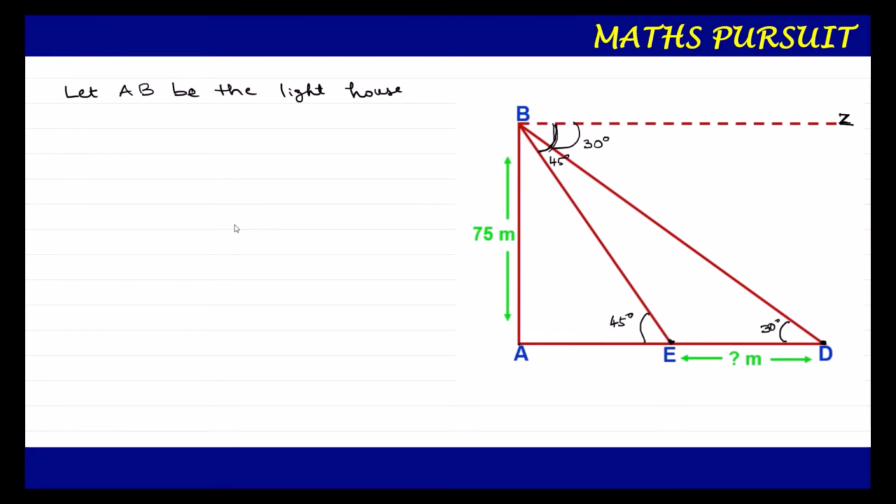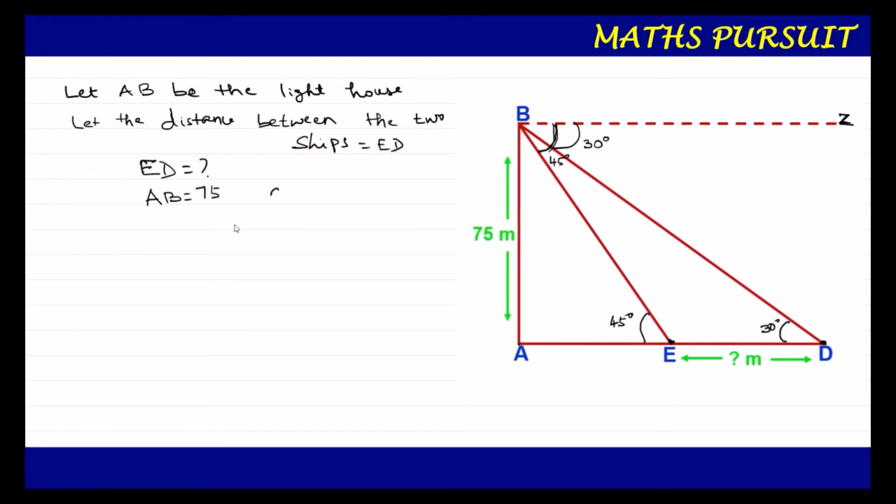So let the distance between the two ships be equal to ED. As per the question, we are going to find out what that distance is. We know that AB is equal to 75 meters.